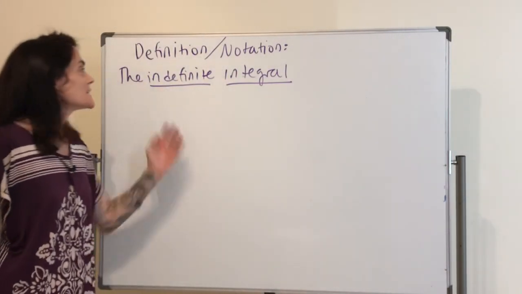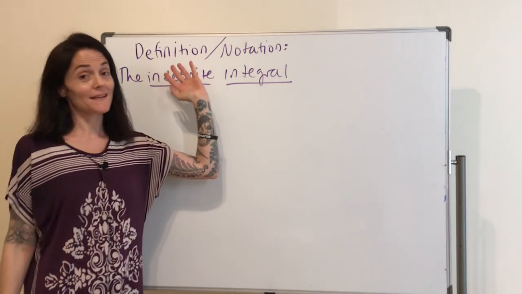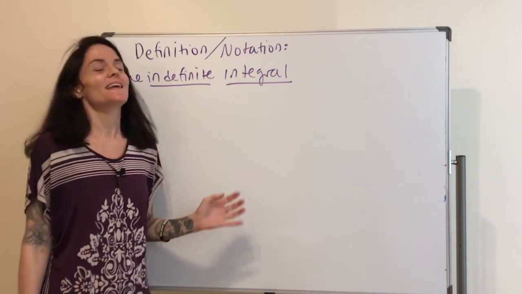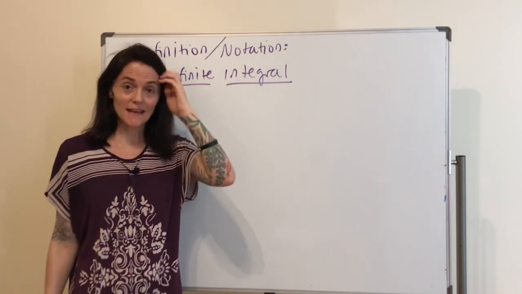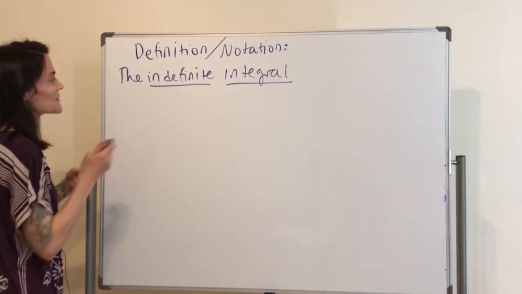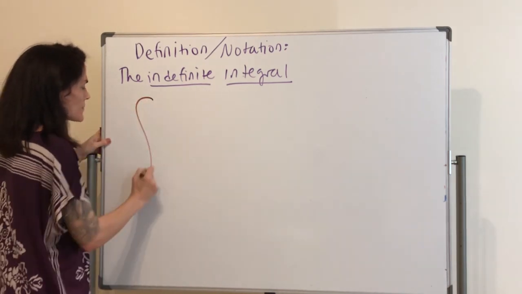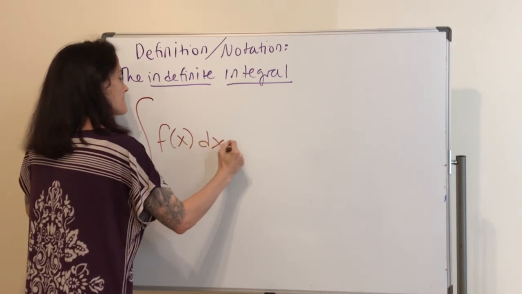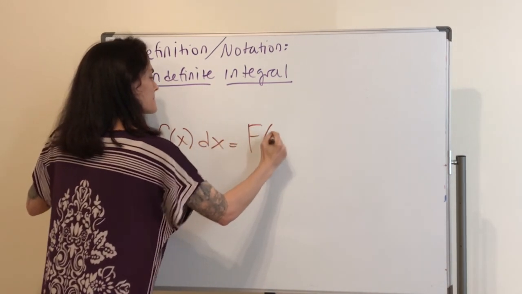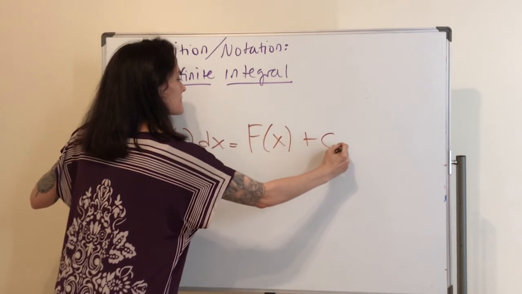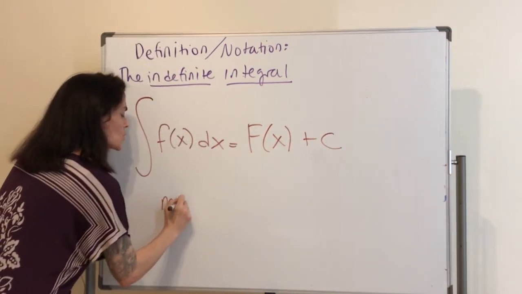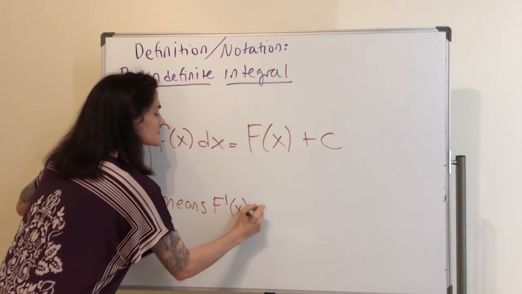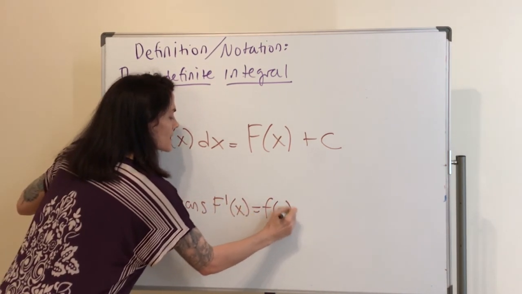Now I'd like to get into part definition and part notation. What I'm defining is what's called the indefinite integral. So let's talk about this. I'll write it big. This equation means capital F prime of x is little f of x.